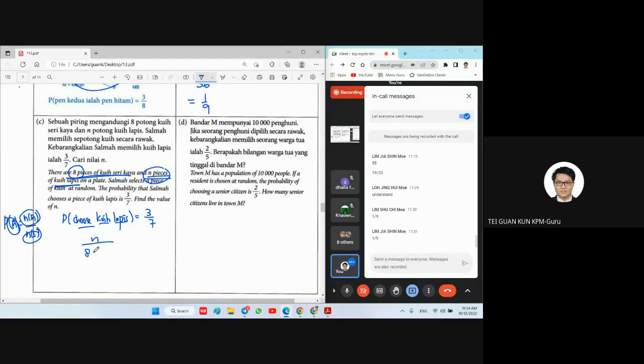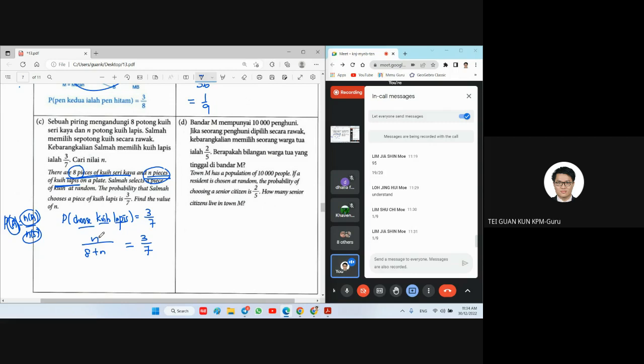So 8 plus n is the total, because we have to use the formula. The probability of A equals the number of A divided by the sample space total. So for this one, the probability of choosing kuih lapis is the number of kuih lapis, n, over the total, 8 plus n, equal to 3 over 7.